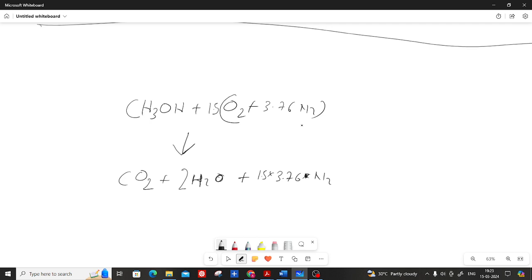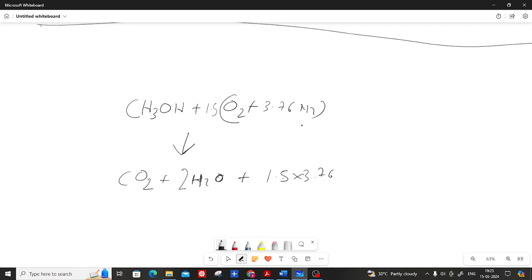See, this was wrong. There are 4 hydrogen atoms. Now you have balanced carbon, 4 hydrogen balanced. So oxygen is 4 oxygen. So this will be now 1.5. 1.5 only. 1.5 into 3.76.